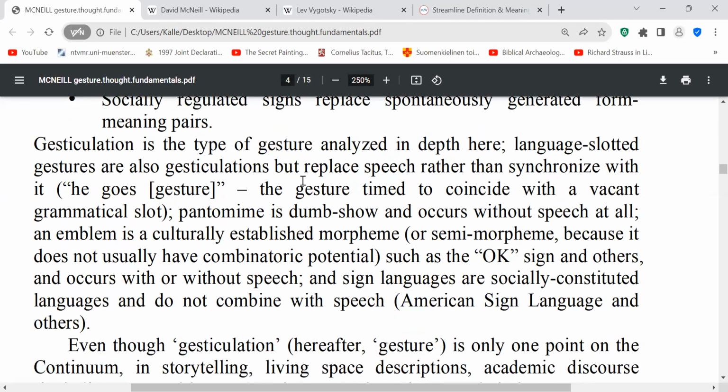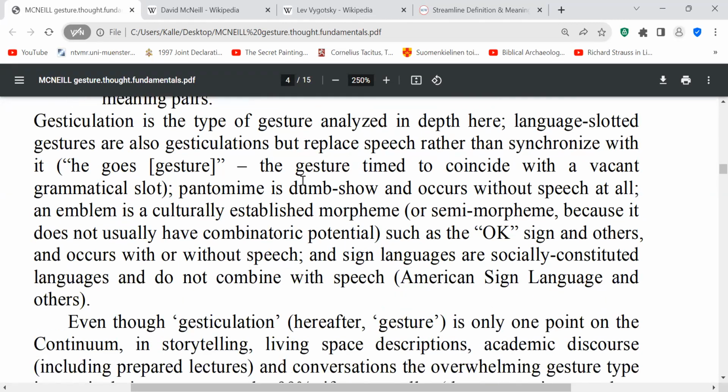Gesticulation is the type of gesture analyzed in depth here. Language-slotted gestures are also gesticulations, but replace speech rather than synchronize with it.